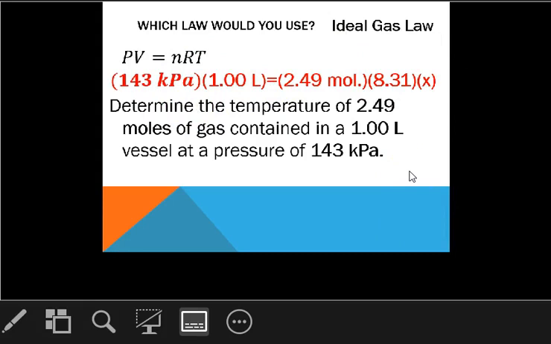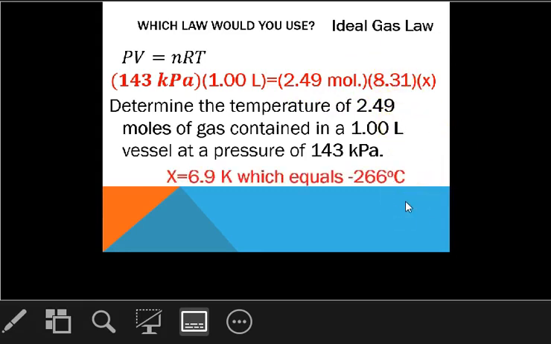So that's 143 times 1. Then when you hit divided by, you have two numbers on the bottom because there's two numbers attached to this x. You have to open parentheses. After you hit divided by, you open parentheses and say 2.49 times 8.31 and close parentheses.